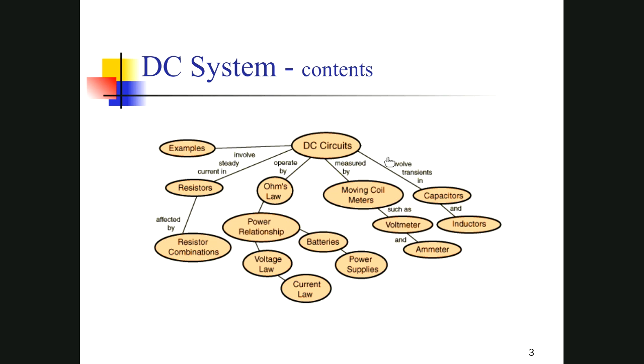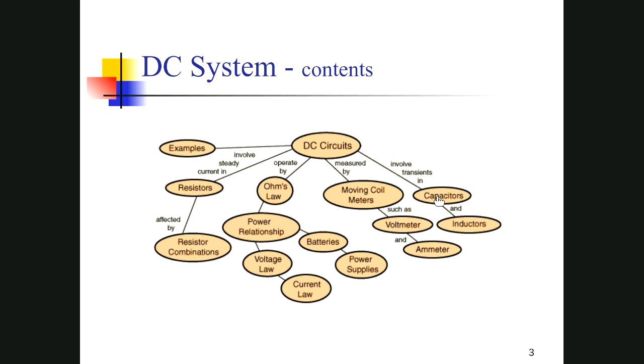So this is a systematic overview of these chapters. We will start with examples, then talk about resistors, then resistor combinations, then Ohm's law, the power relationship, the voltage law, and the current law. We also talk about voltage measurements and current measurements.